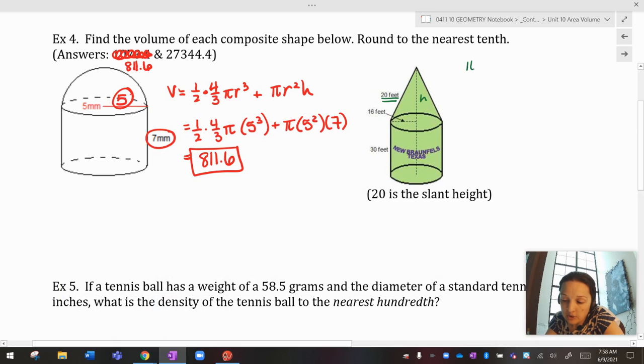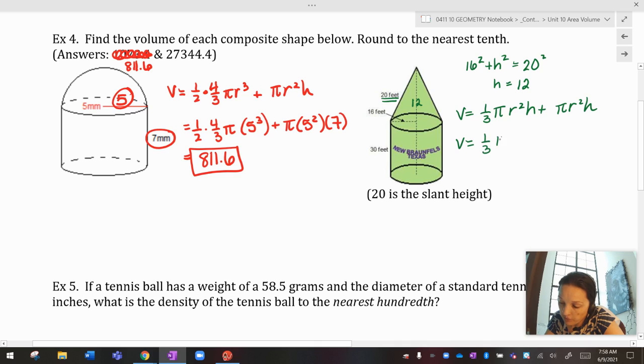So what we would need to do is the Pythagorean theorem: 16 squared plus h squared equals 20 squared. And then you find out that the height we really want is 12. So to find the volume of this entire thing, I have 1/3 pi r squared h for the cone on top and pi r squared h for the cylinder on the bottom.